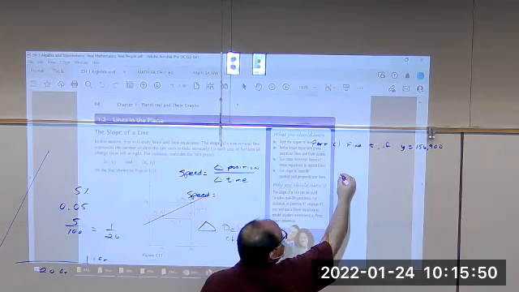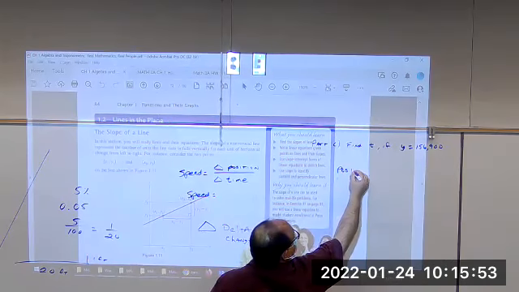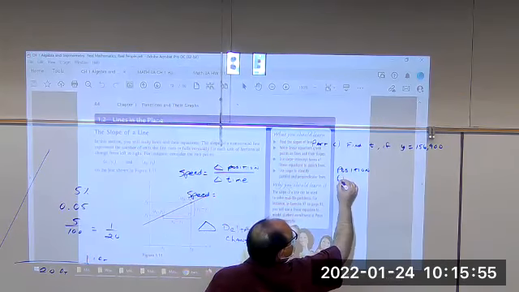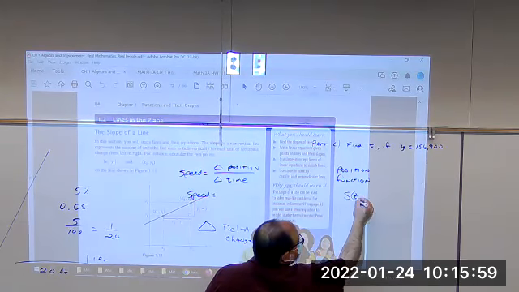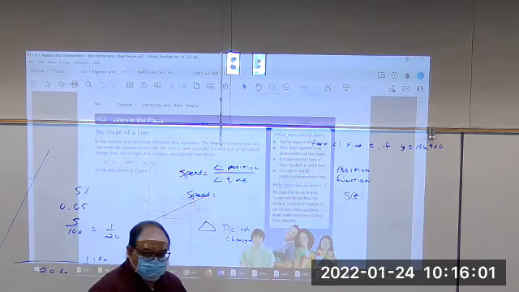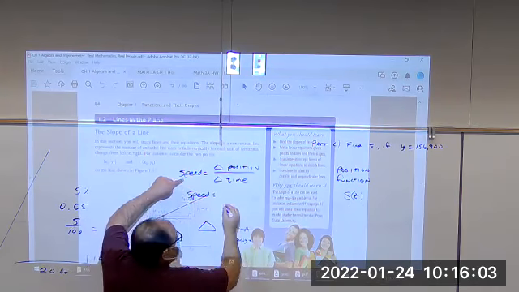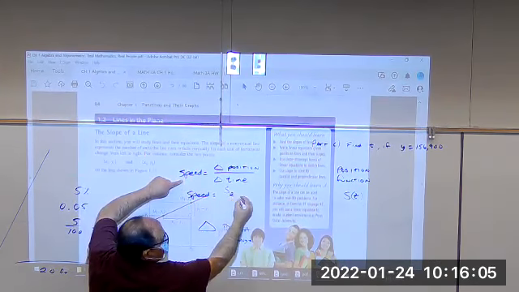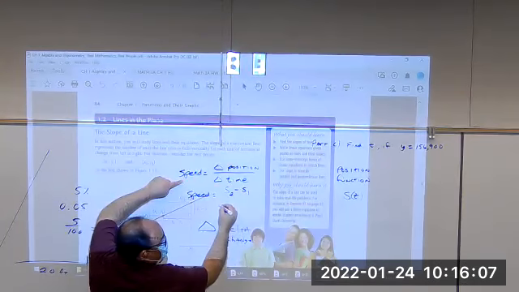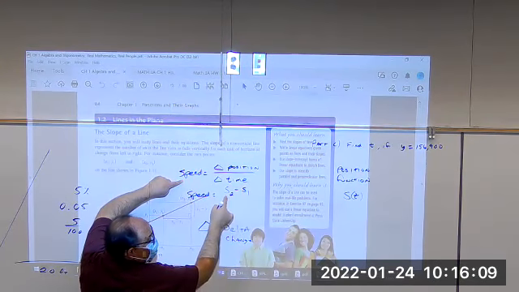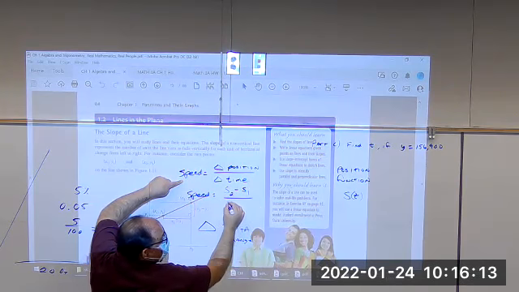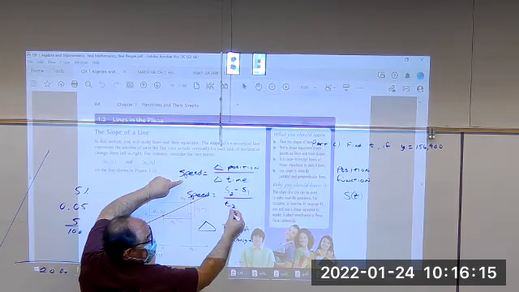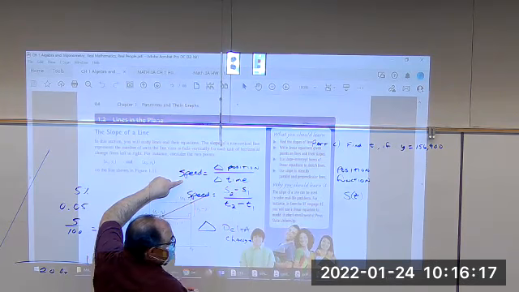In calculus, the position function is s of t. So I'm just going to say your second position minus your first position, where you ended up minus where you started, divided by your second time, when I got there, minus when I started.